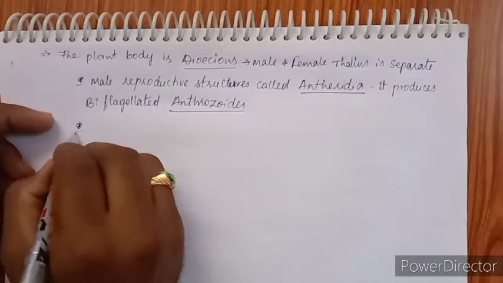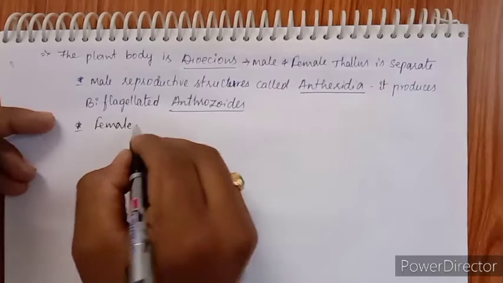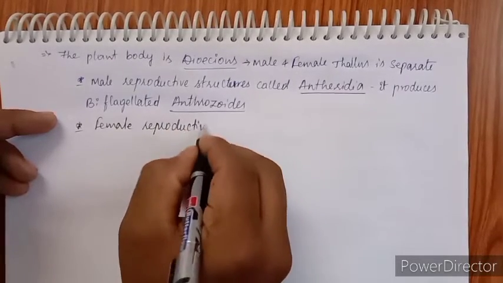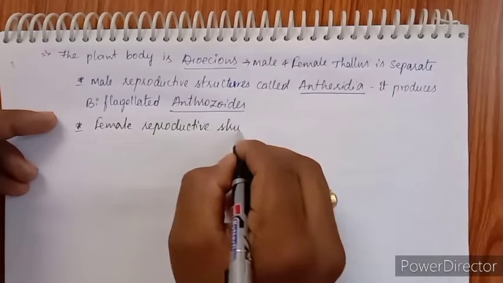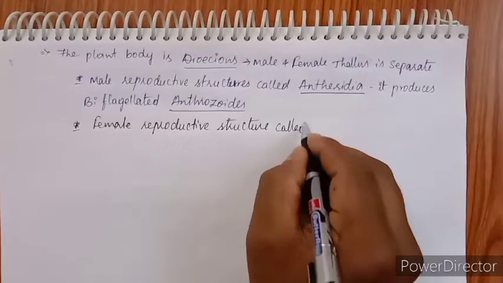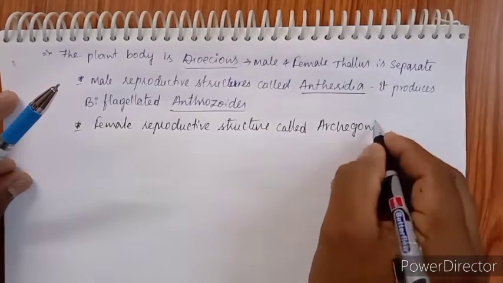In the same way, the female reproductive structure is called archegonia.